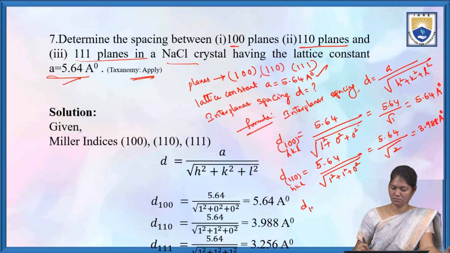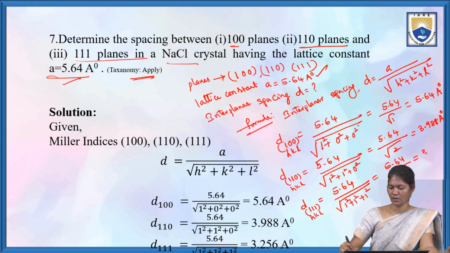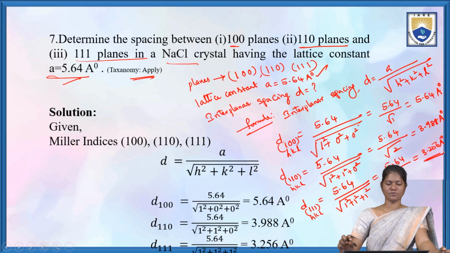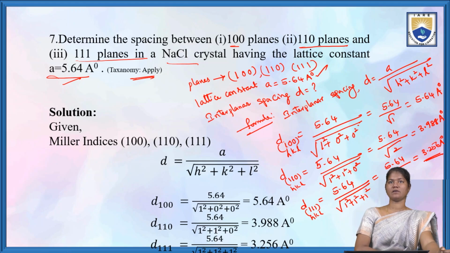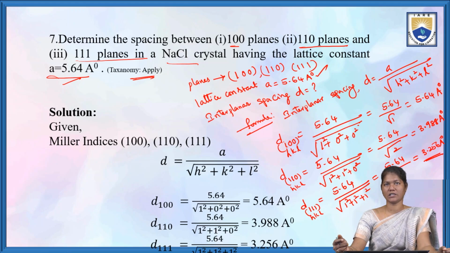Next, the 111 plane. 5.64 divided by root of 1 square plus 1 square plus 1 square, so 5.64 divided by root 3, which equals 3.256 angstroms. So these are the interplanar spacings between these three planes of a sodium chloride crystal with lattice constant 5.64 angstroms.